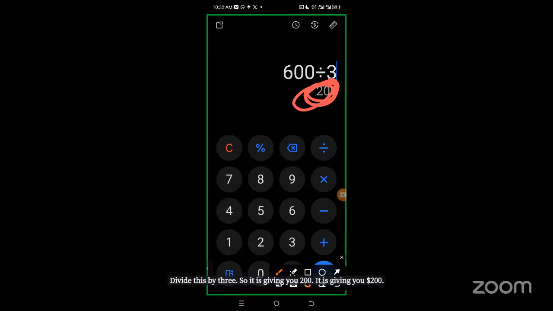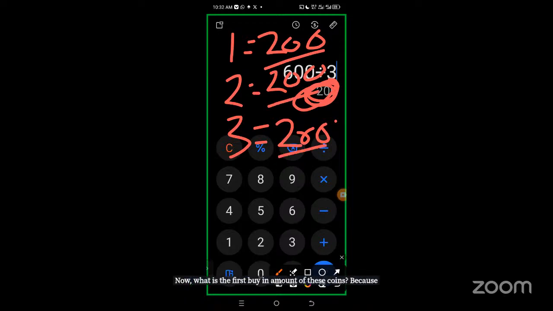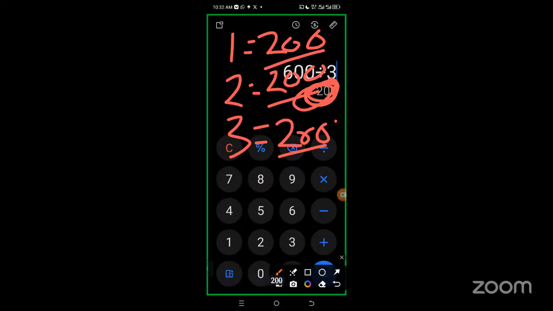Meaning that in the first coin you are going to invest $200, and the second coin you will invest $200, and the third coin you are going to invest $200. Now, what is the first buying amount of these coins? Because we don't want to put all our $200 at once in the market.